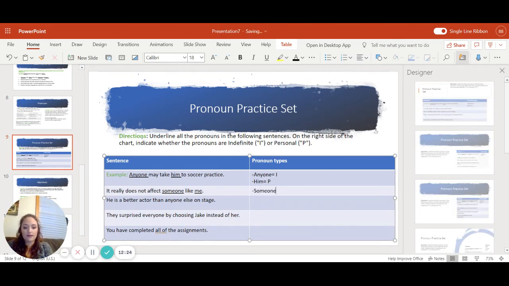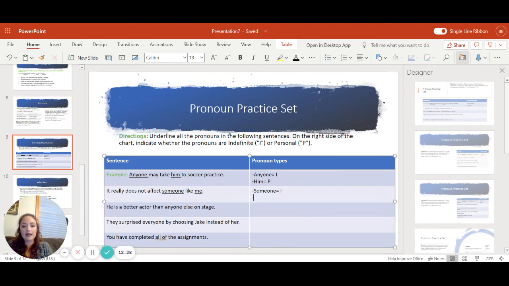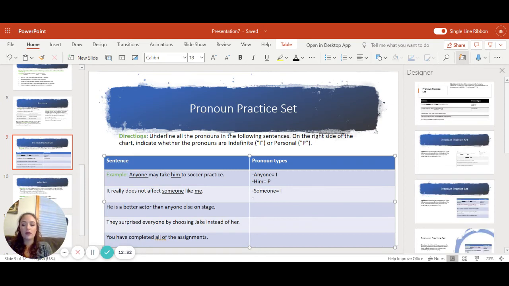So someone equals I, and then me is personal, right? Someone like Brittany Brown or Miss Brown, right? And then me equals personal. So again, go ahead and pause me here and finish the last couple for pronouns, and then meet me at adjectives, okay?